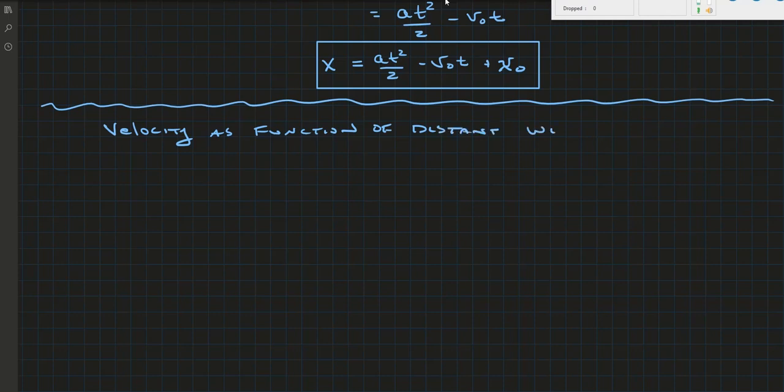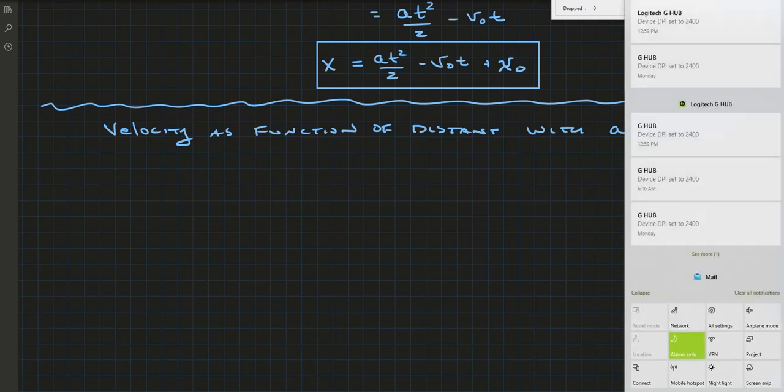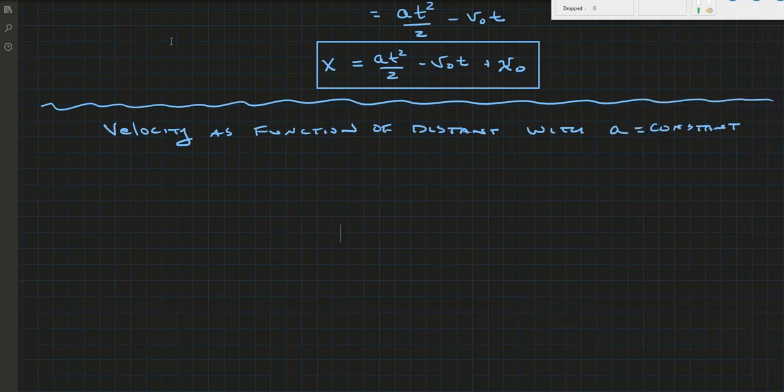And again, let's just assume that acceleration equals a constant, not 0, but a constant value. Then in that situation, let's use a equals v dv/ds.